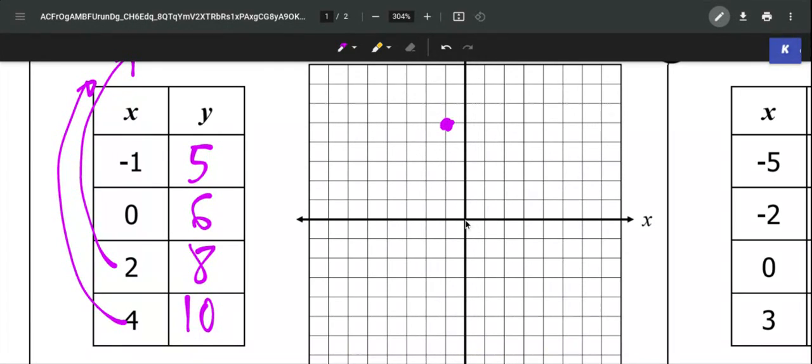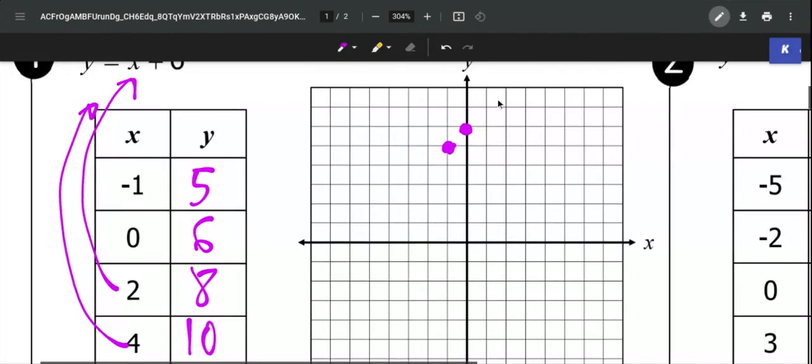It would just stay at 0, and it would go up to 6 on the y-axis. 2, 8 would go over to the right 2 units and up 8 units, which will be all the way to the top here. And then we actually really can't graph 4, 10. It probably won't fit. So let's see, 1, 2, 3, 4, 1, 2, 3, 4, 5, 6, 7, 8.